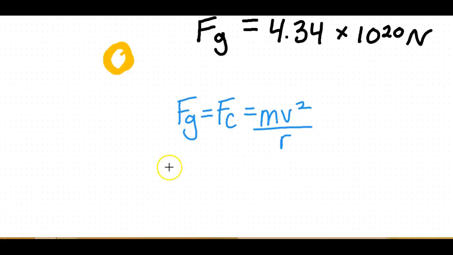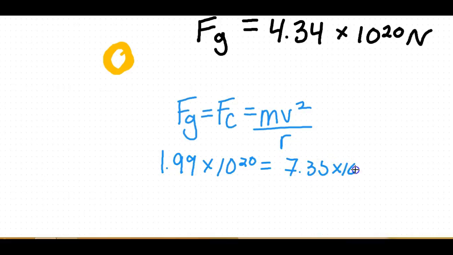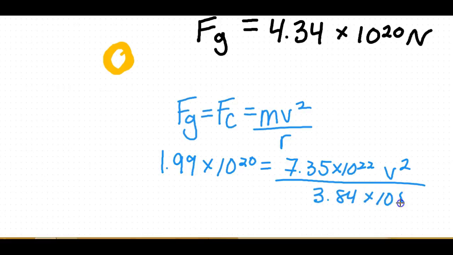So the force of gravity of the moon on Earth is 1.99 times 10 to the 20th, and that's going to be equal to the mass of the moon, which is 7.35 times 10 to the 22nd, multiplied by the velocity squared, divided by the radius, which is the distance between the two, of 3.84 times 10 to the 8th.